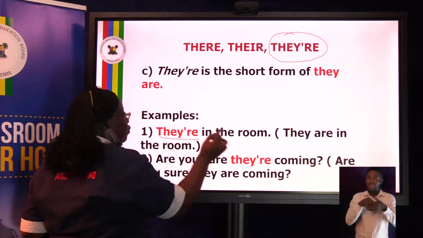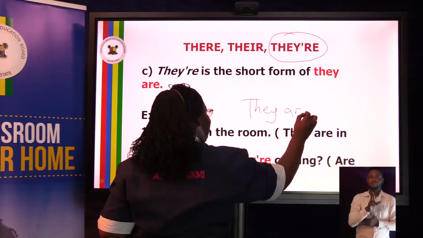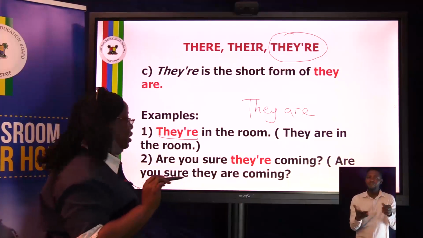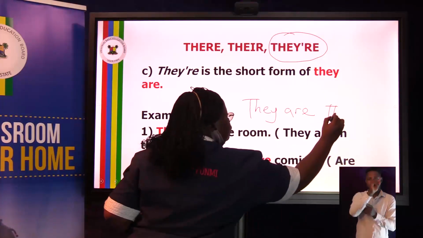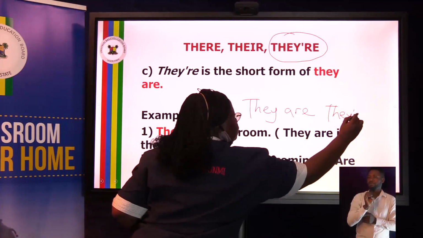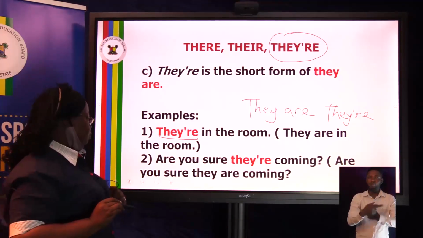If we want to write it in full, we write they are. But because we don't want to write everything in full, we have decided to write it this way. They're, they are. They are in the room.